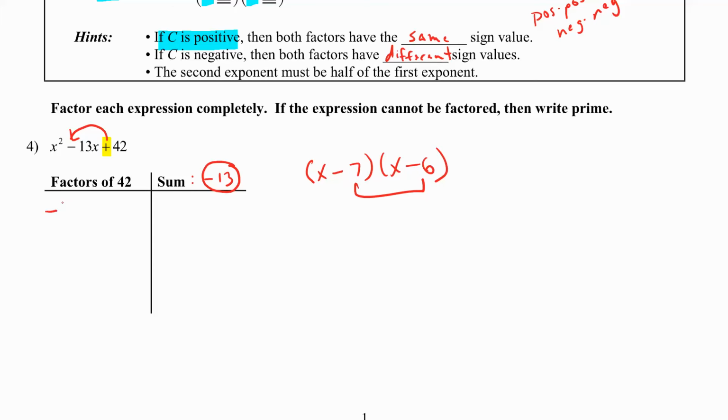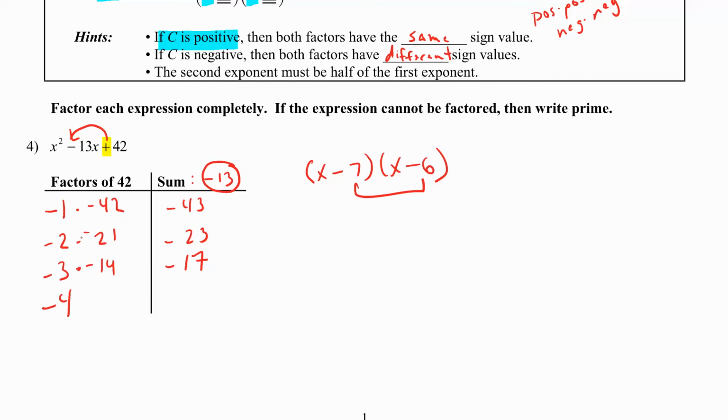So we can do negative 1 times negative 42, and if we add those together, we get negative 43. Then negative 2: if we divide 42 by 2, that is 21, so negative 21. If we add those together, that's not quite what we're looking for. We can do negative 3. 3 does divide into 42 14 times, so if we add those together, we get negative 17.